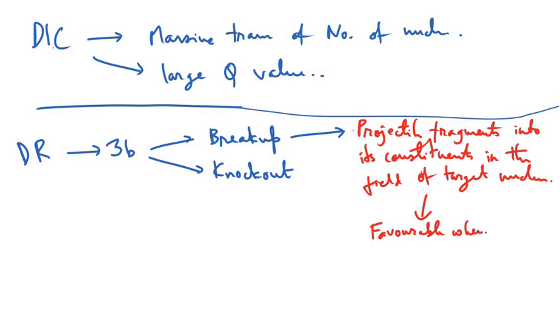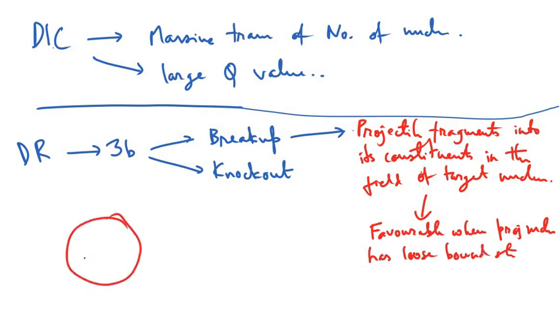You understand this thing? If the projectile has a loose structure, then in this case it can of course break into two different parts.